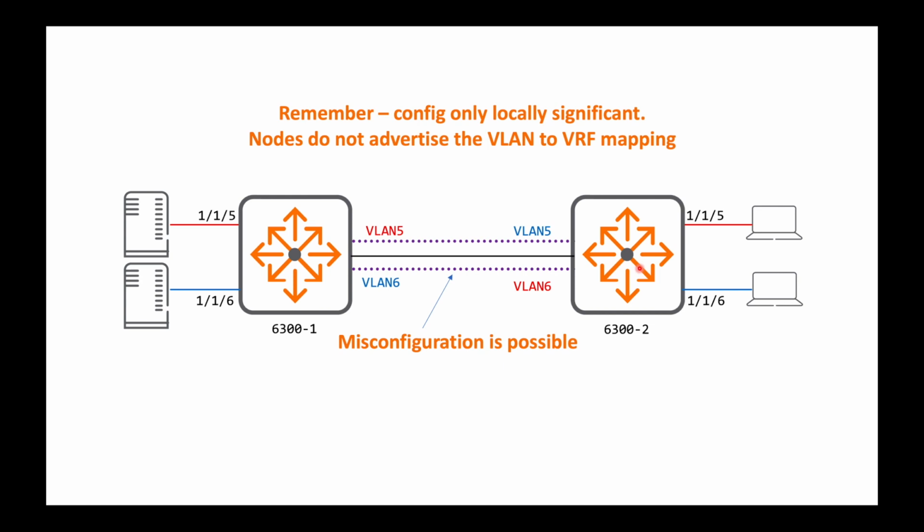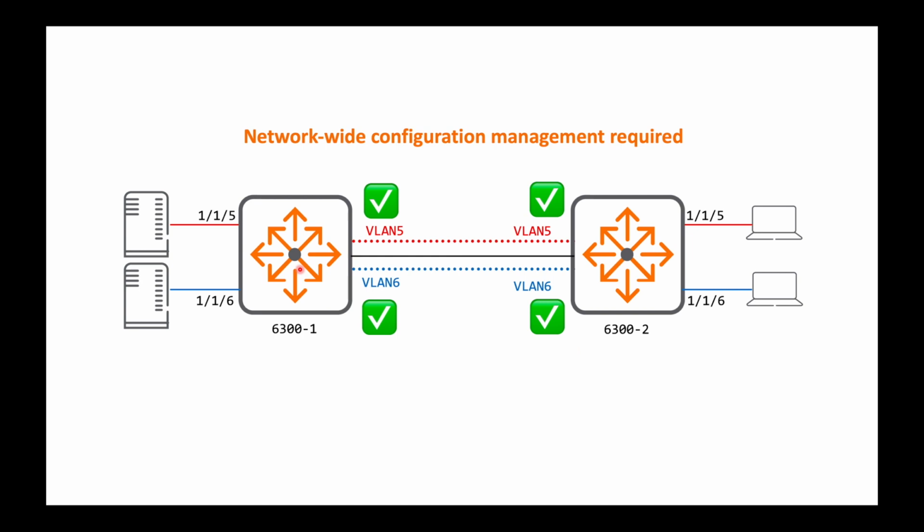This is an issue when you're configuring these VLAN to VRF mappings, or if you're using GRE tunnels, etc. And that's why with this type of configuration, going in and configuring the individual devices one by one via the CLI, with possible typos and having to align the configurations yourself, is not a good approach.